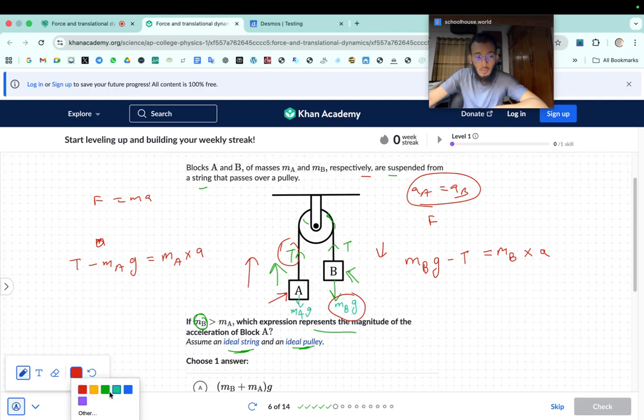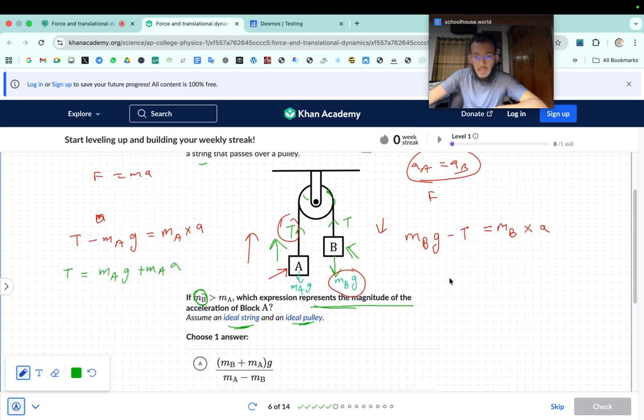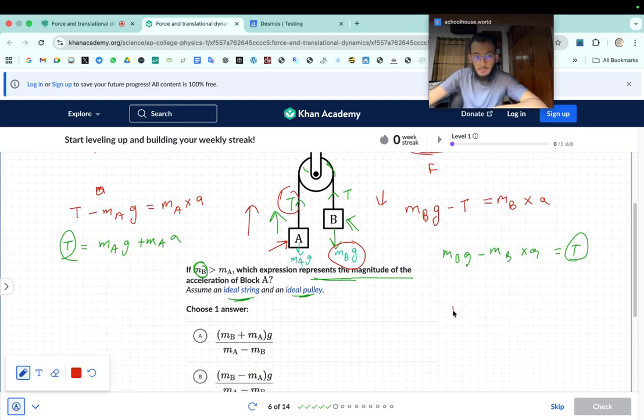And because they want us to find an expression for the magnitude of acceleration, we make T the subject here: mA g plus mA times a, and we have mB g minus mB a equals T. We can equate the tension because tension would be the same within the system, and we get mA g plus mA a equals mB g minus mB a.